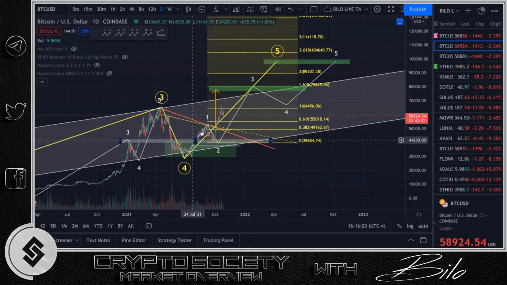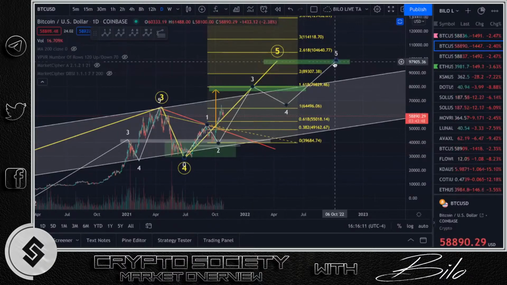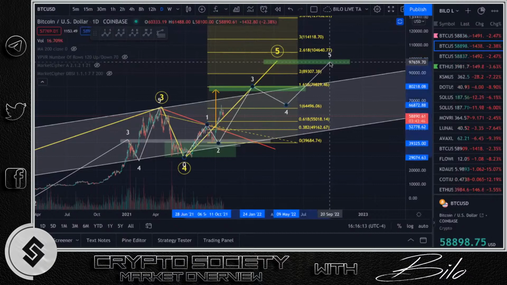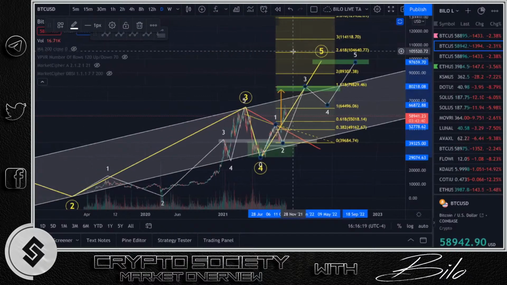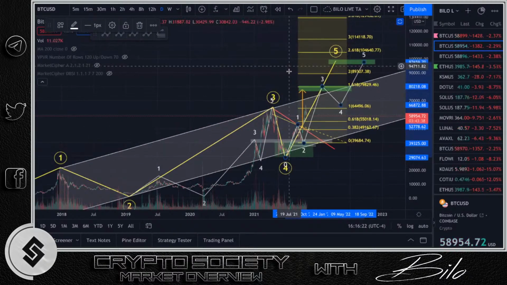So once we're looking at wave 5 inside of this 1, 2, 3, 4, 5 structure of wave 5, we can basically point to this being the target, this wave 5 right here, inside of this structure. But what if we were to go back and look at the entire wave structure and apply that same reasoning?